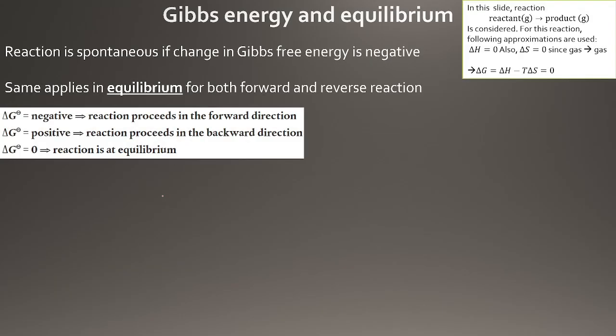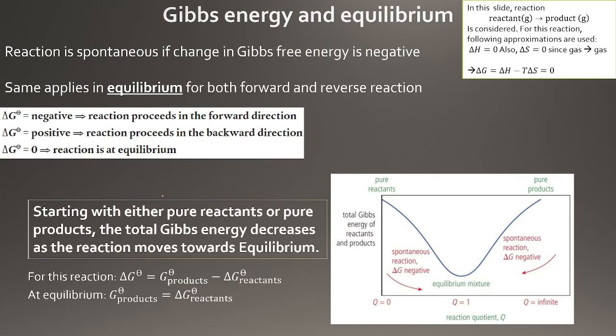Alrighty. So now let's take a look at the change in Gibbs energy in general, still using this same imaginary reaction. We have reactant, and we get product out from it.